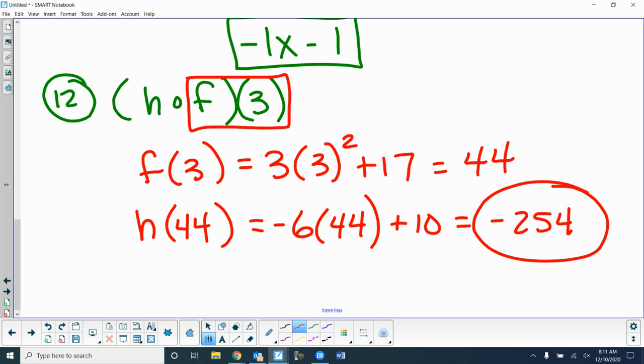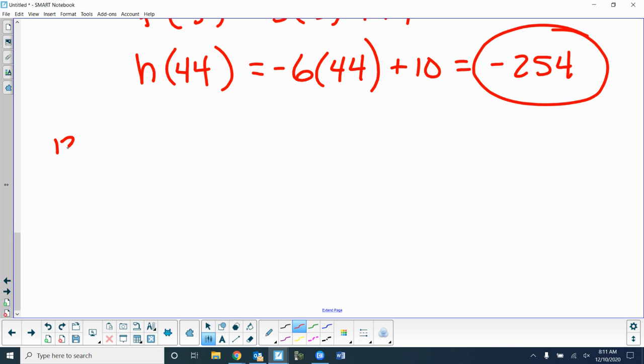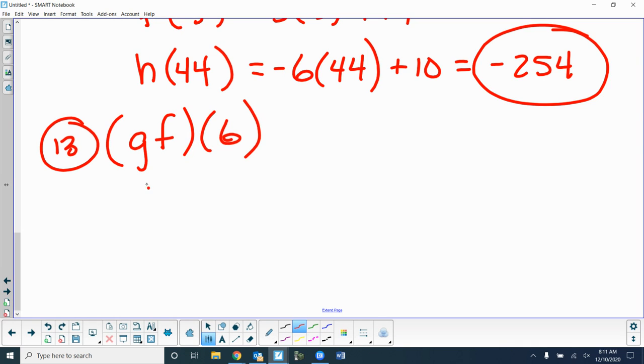Okay. 13, there's no symbol between them. So we're multiplying the two answers. All right, so F of 6 and G of 6.